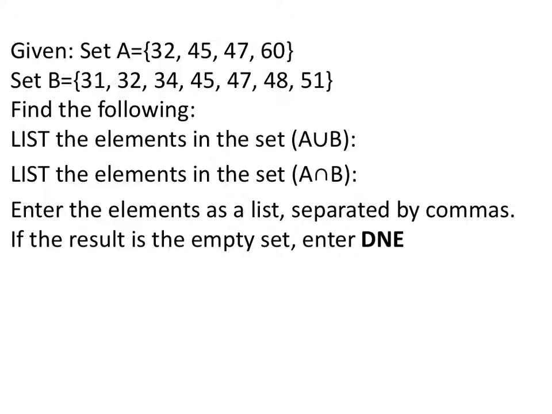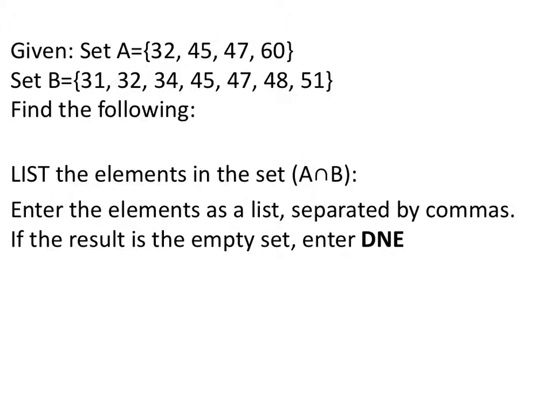Alright, so we have these two sets, A and B again, and we've already done the or statement for this one. So let's focus specifically on the and statement for this, okay? So the first thing we know that we need is going to be some fancy brackets, something like this. And we'll put a list of all the numbers that are part of A and B. Well, I can find this 32 here and here as part of both sets.